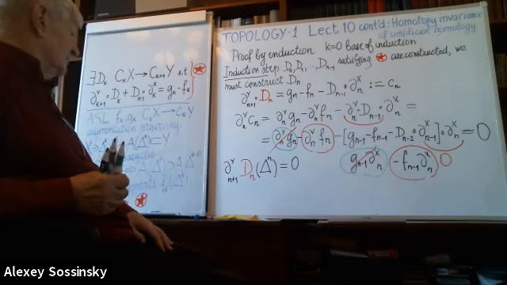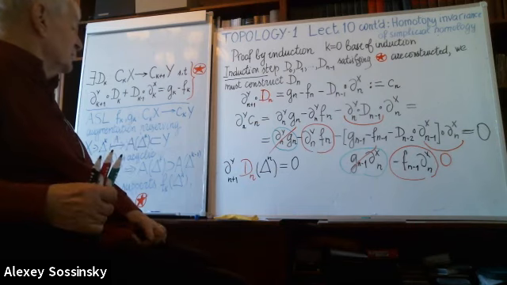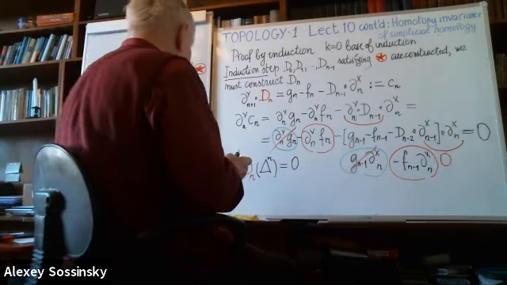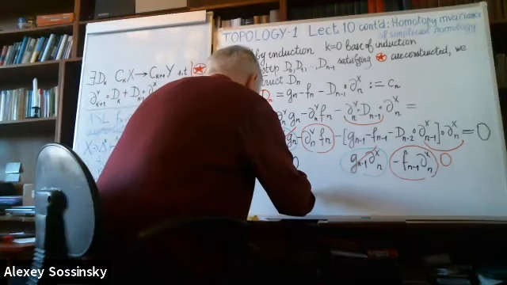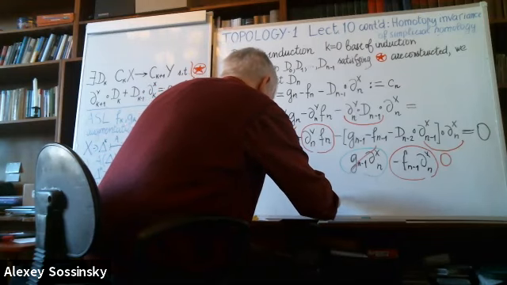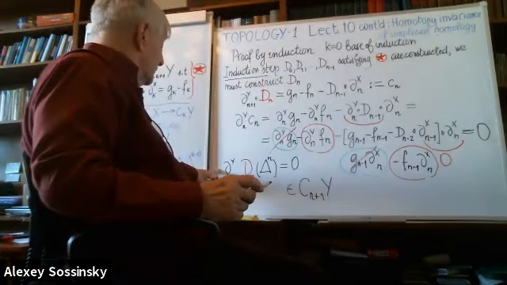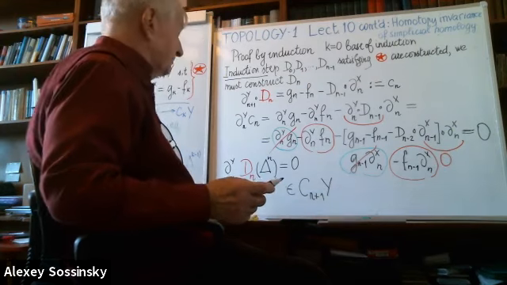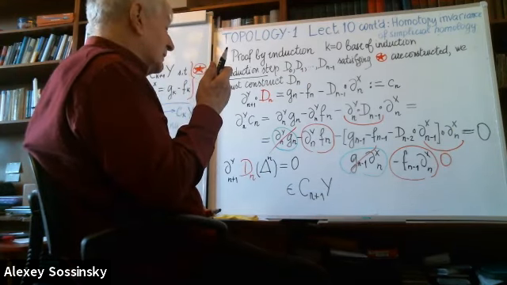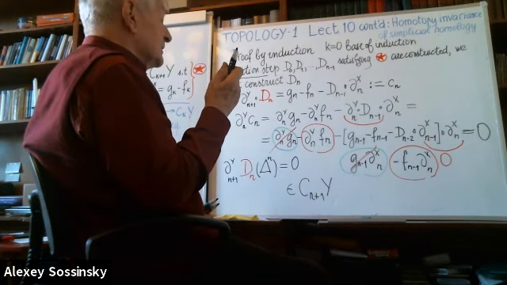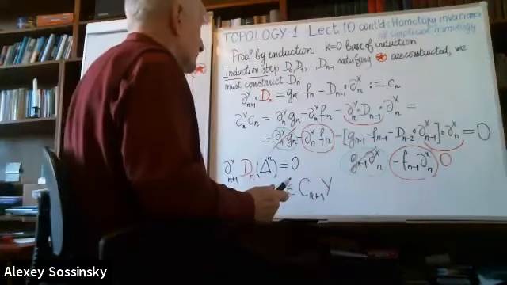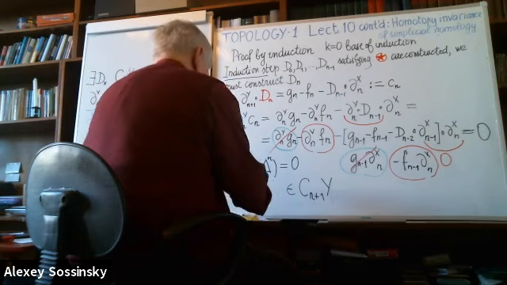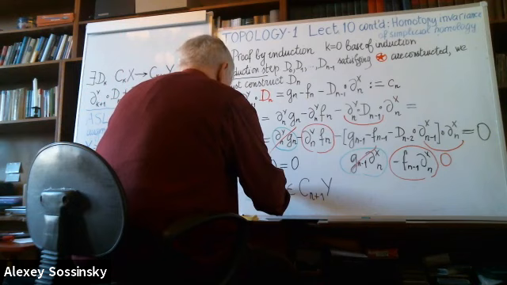Therefore, there must exist some chain. So there exists a chain in C n plus 1 of y, whose boundary is the cycle Cn, and which we denote by dn of delta n.